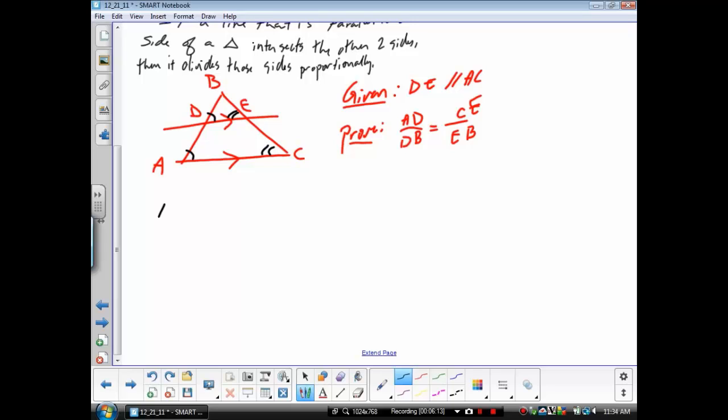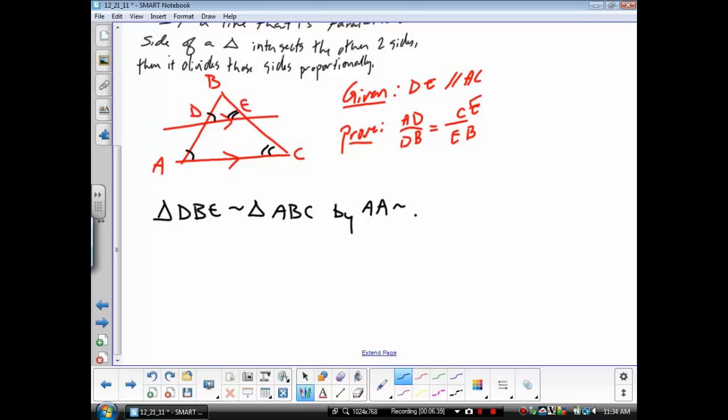So triangle DBE will be similar to triangle ABC. And this means that we have some sides that are proportional.